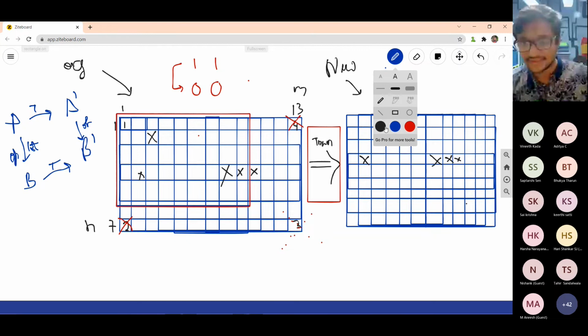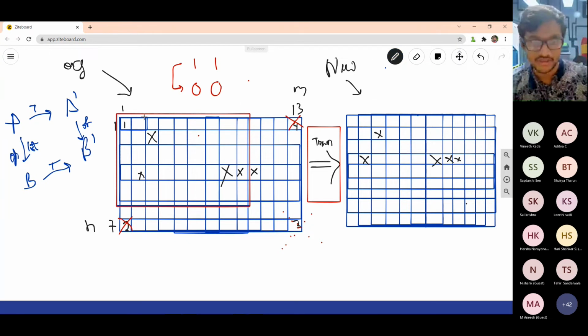Suppose we apply that transformation to this grid, then what would happen? These are all 0, only these are the blacks. So everything else would remain 0 again. This would again become colored because XOR of this and this is this cell. So this would become black. XOR of this and this is black, like 1, so this would become black. I'm interchangeably using white as 0 and 1 as black.